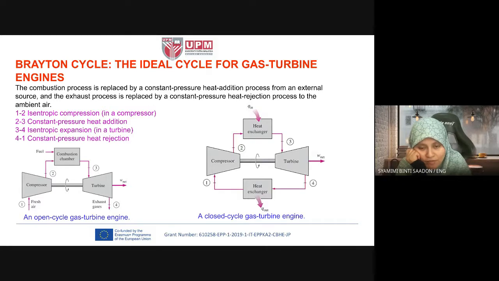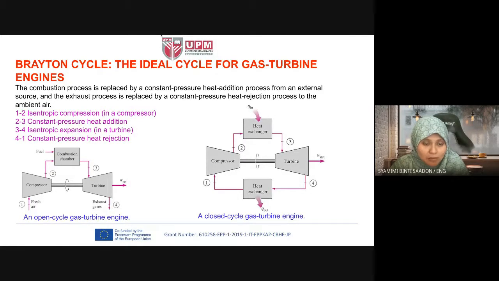The first heat exchanger is the evaporator, and the second heat exchanger for heat rejection is the condenser, the same as the normal heat engine. So that is the closed cycle gas turbine engine, for power plants to produce electrical power and mechanical power.